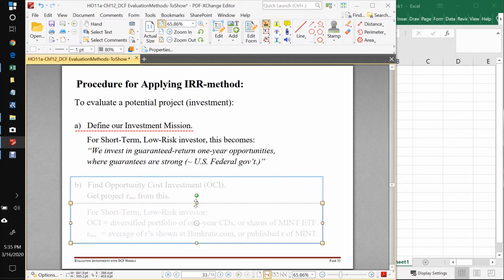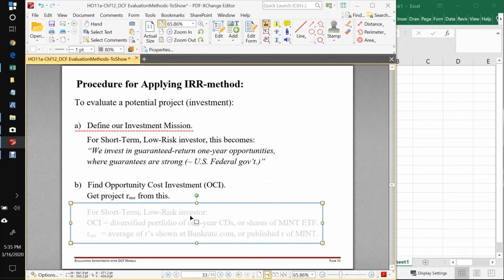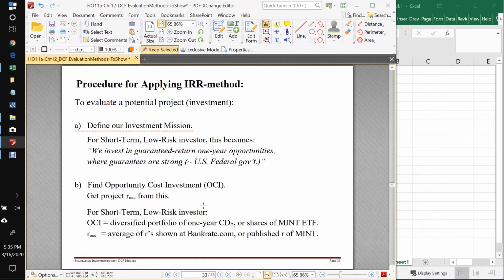And once we know our mission, we find our opportunity cost investment and get our opportunity cost of capital from that. For our short-term investor, opportunity cost investment was that diversified portfolio of one-year CDs or simply shares of the Mint ETF. And the opportunity cost of capital would be the average of the interest rates on the CDs or published rate of the weighted average interest rate of the Mint ETF.